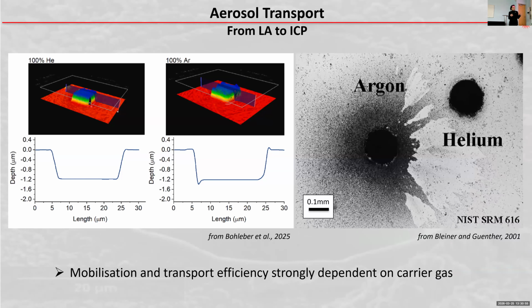The argon as a carrier gas will create a huge blanket above the crater, which is an indication that the material just redeposited back to the surface and was not carried forward to the ICP-MS. On top of that, the whole ablation characteristic shifts a little bit because the excavation out of the laser crater is different.